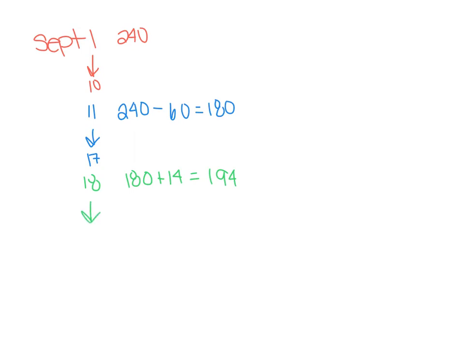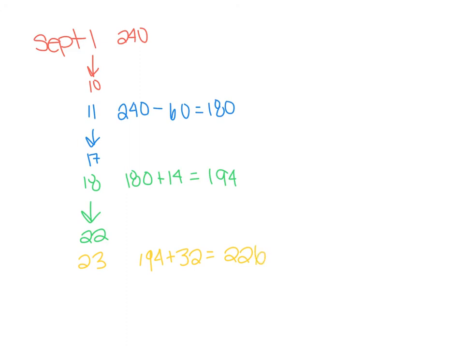And then there's a charge for gas on the 23rd. So until the 22nd, you have that balance of 194. And then on the 23rd, you have your 194 plus that gas, which is $32. And that gives you $226.